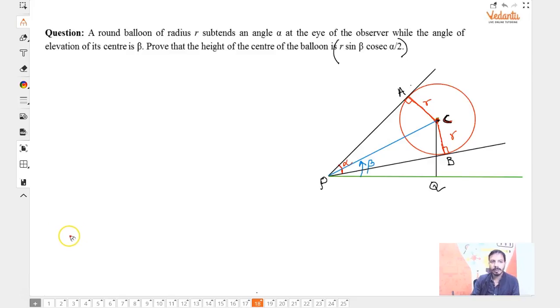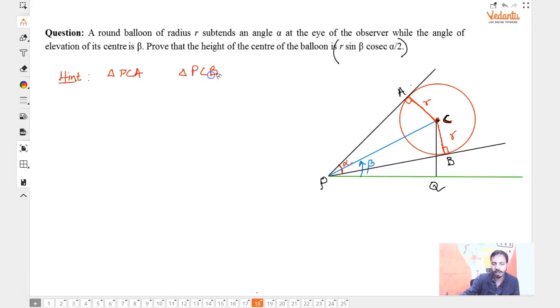Okay, guys, first hint is, what is the relationship of the triangle PCA and triangle PCB? See properly.